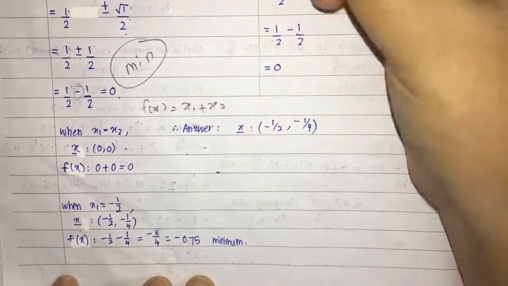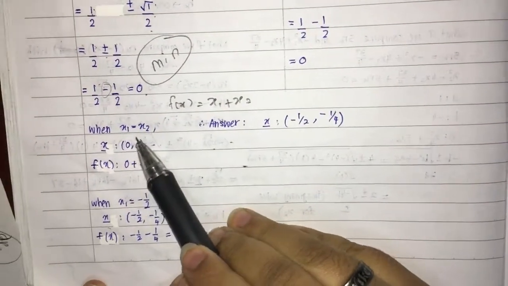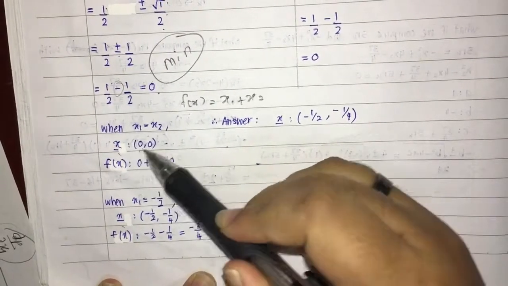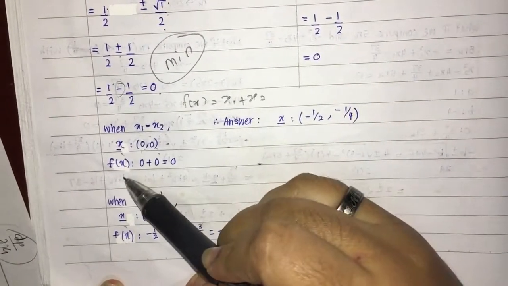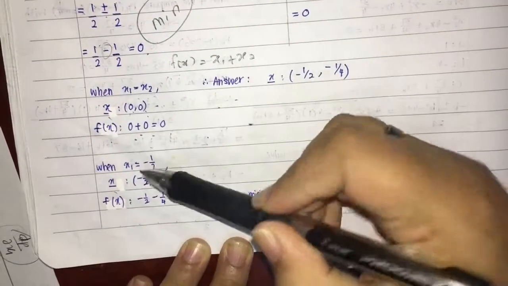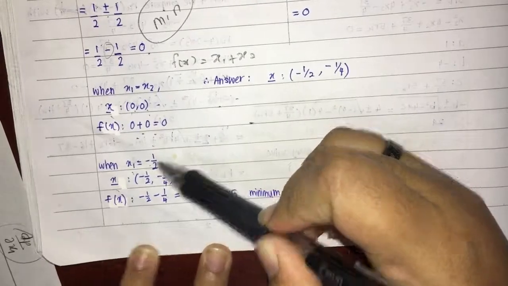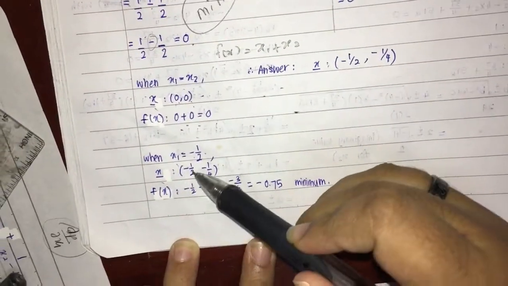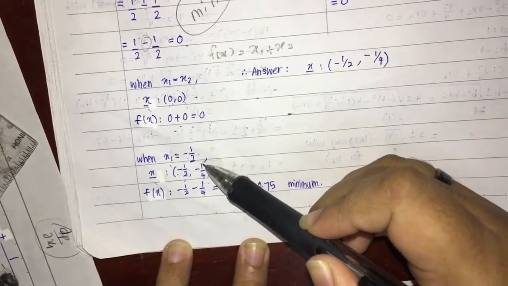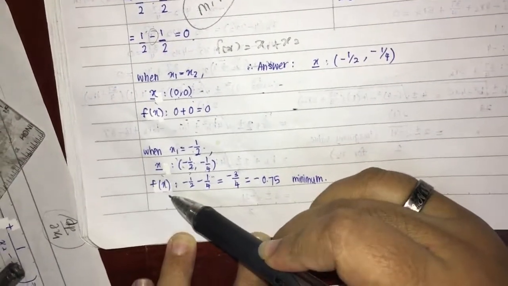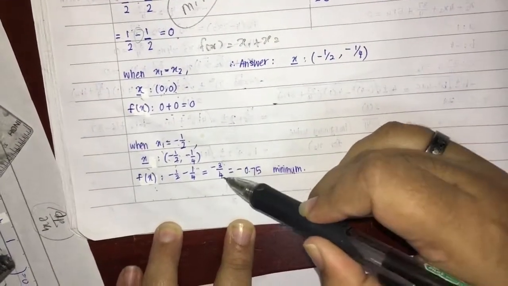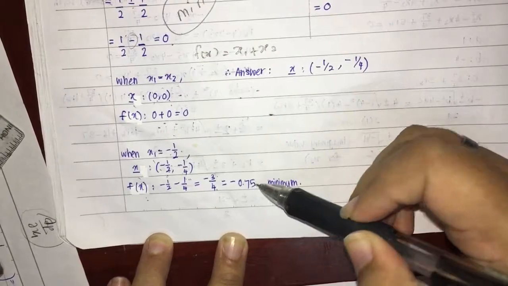So when x1 equal to x2, our x is 0, 0, x1 is 0, x2 is 0, so our function is 0 plus 0 is 0. For x1 equal to negative half, this is our x, negative half, and x2 is negative 1 over 4. When we substitute in our original function, we get negative 3 over 4, which is negative 0.75.